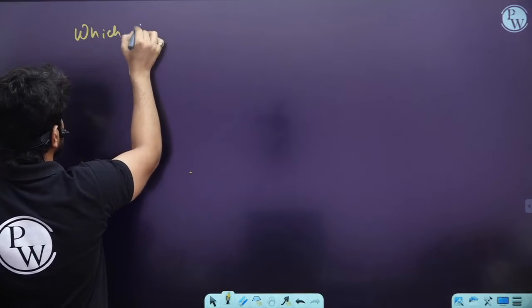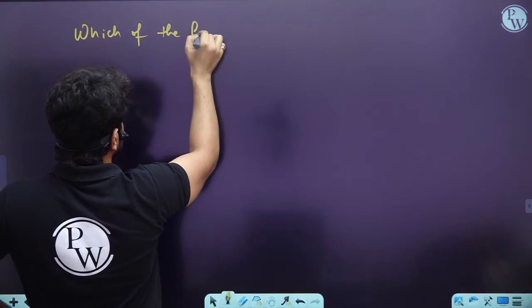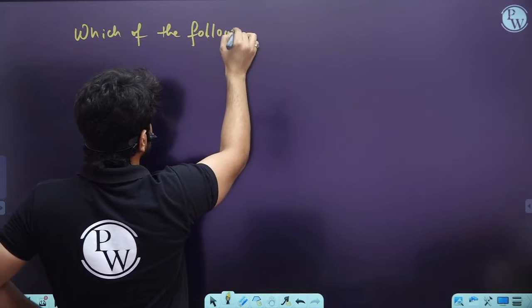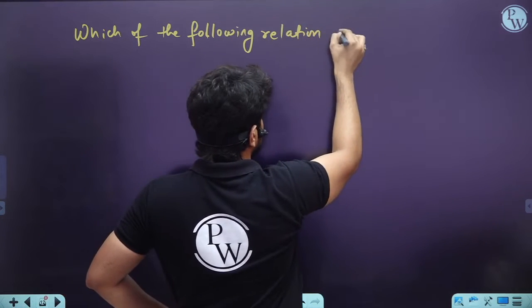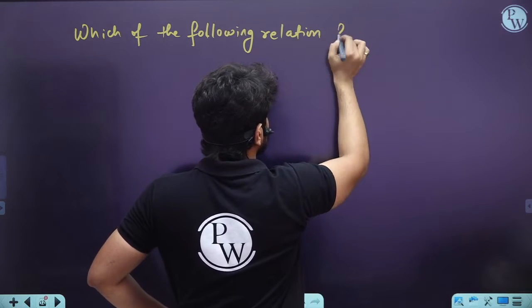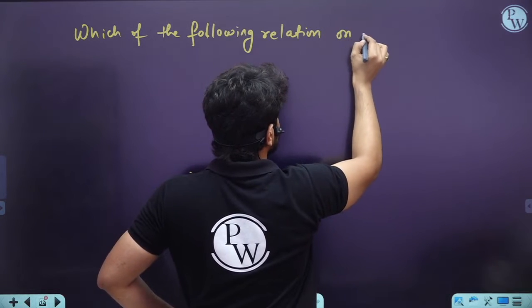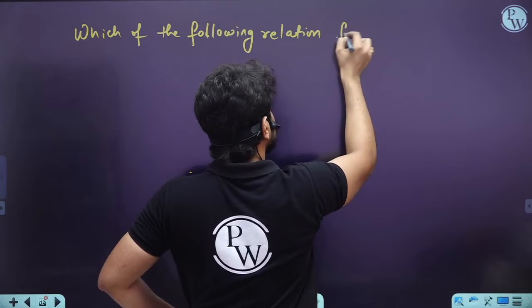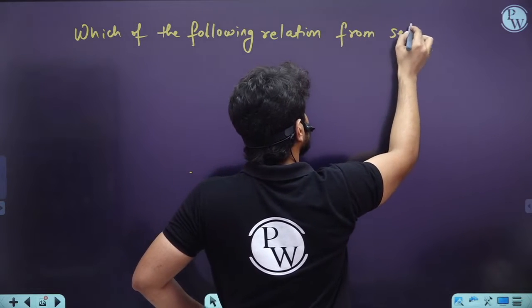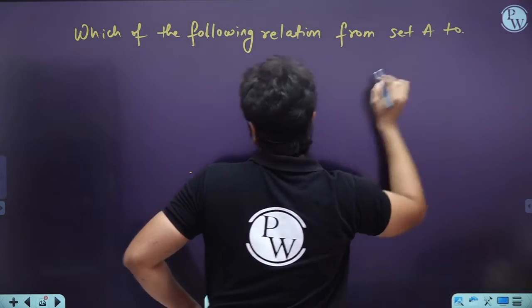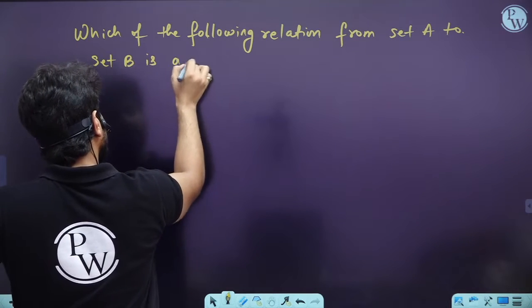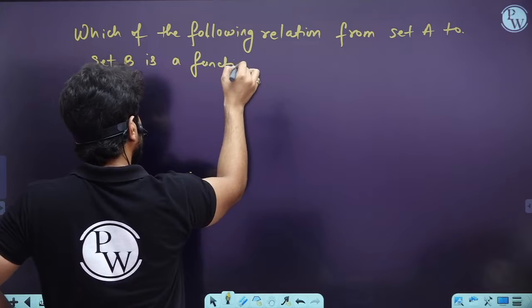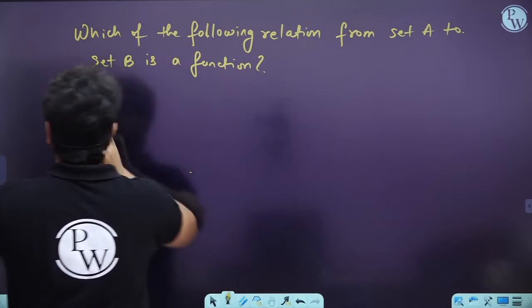Which of the following relations from set A to set B is a function? Okay, this is our question.